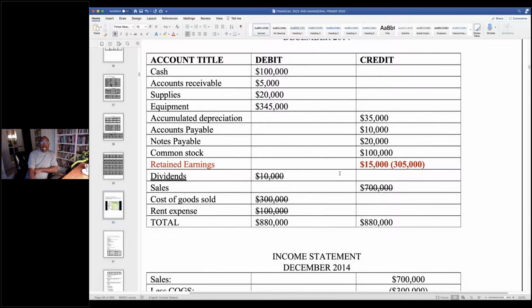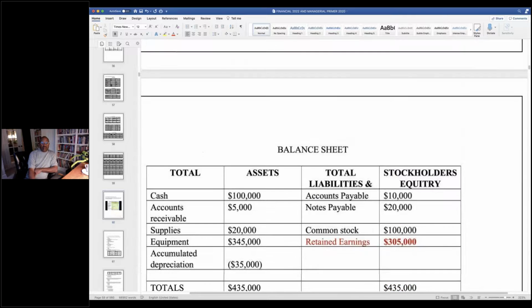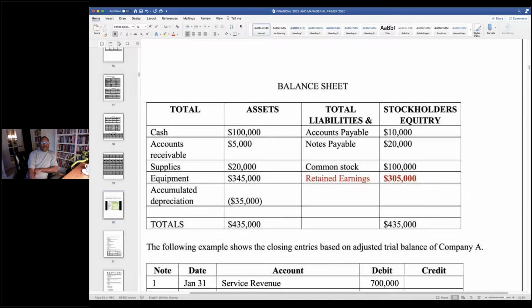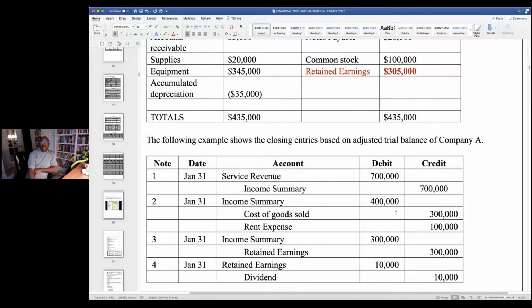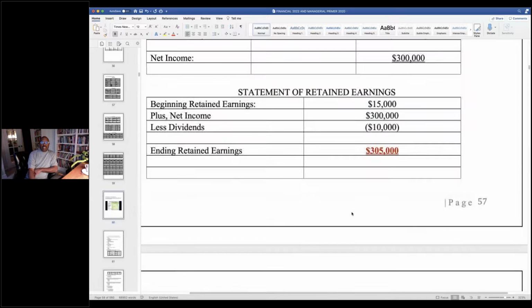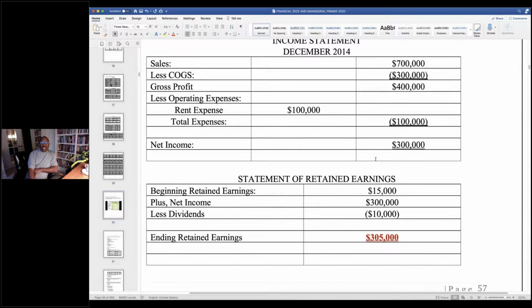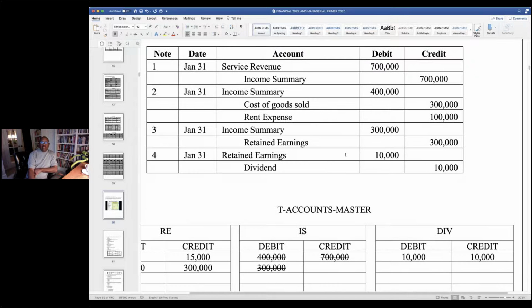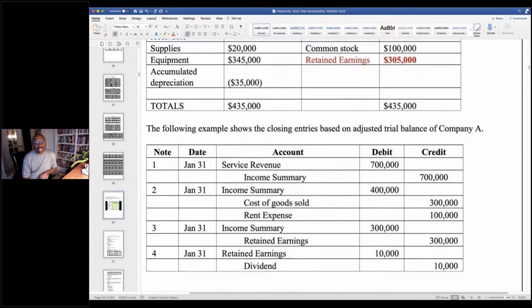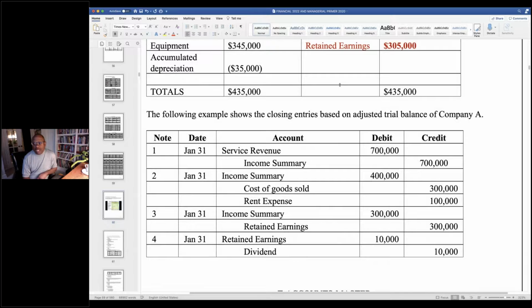So we close out the revenue first, then we close out cost of goods sold and rent, then we close out the net income, which was on the income statement, and finally we close out dividends. So those are the four closing entries. Everybody, you all should knock these problems out real easy.